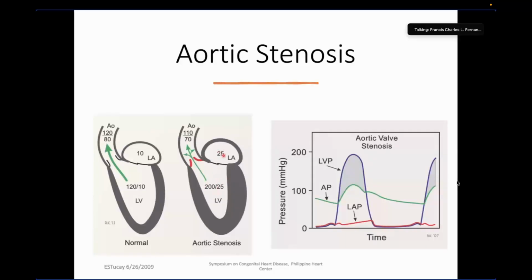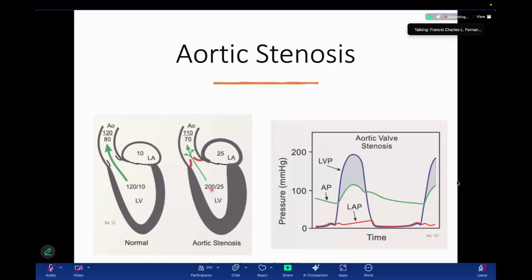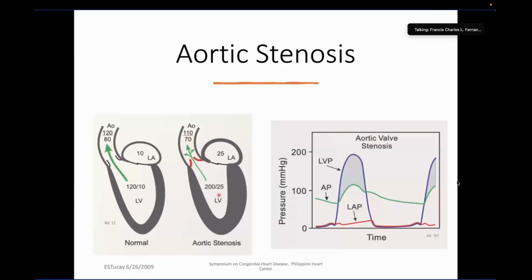That basically equalizes for this to fill up the left ventricle. And the pressure you have to generate to create a systemic pressure of 110 shall be around 200 inside the left ventricle, because you have a fixed stenosis.